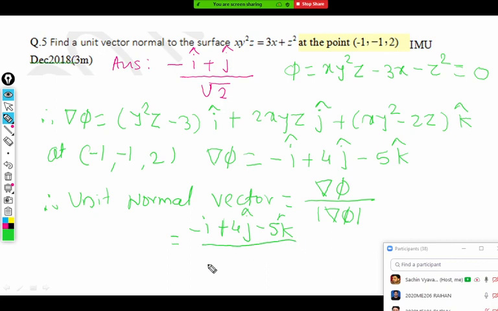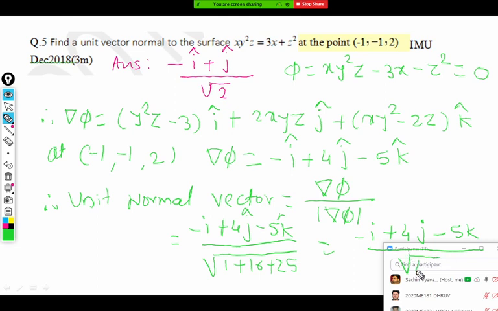First I'll write it as a square root, 1 plus 16 plus 25, and that is 42. So minus i plus 4j minus 5k upon root 42 is the correct answer.